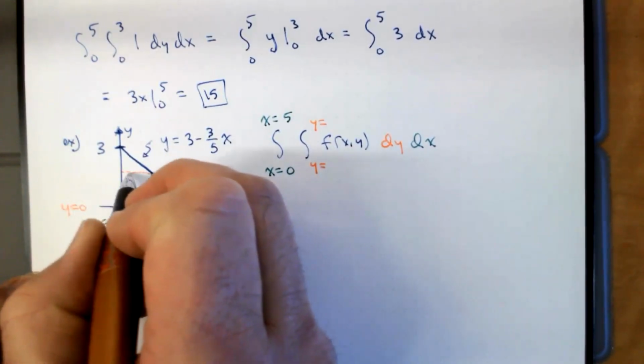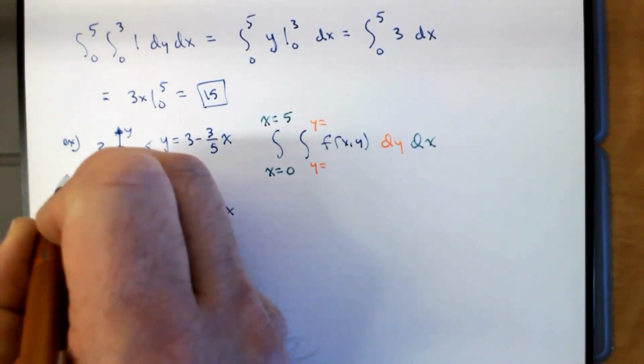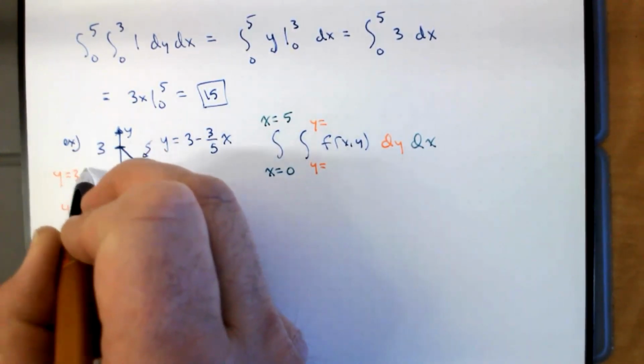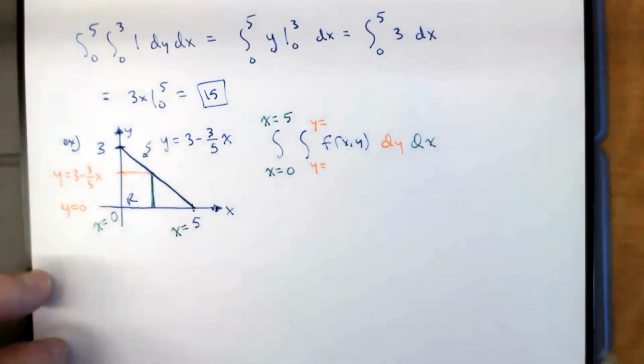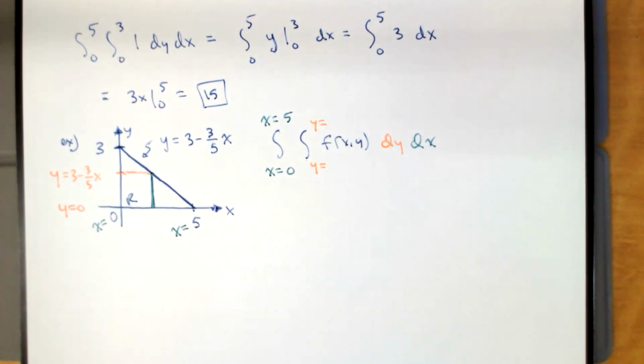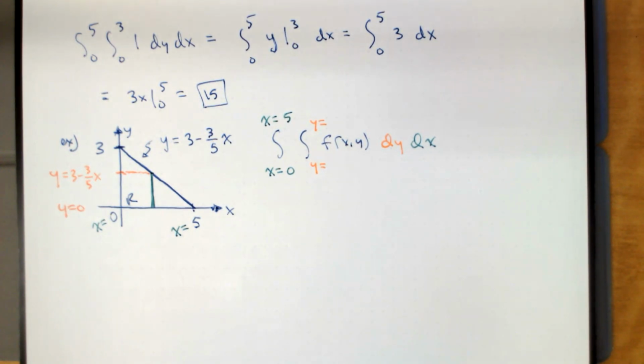And the highest y value is going to be at the function. So for a typical value of x, write down what y is between. And that tells us how to set up the integral. Y should go from 0 to 3 minus 3/5 x.